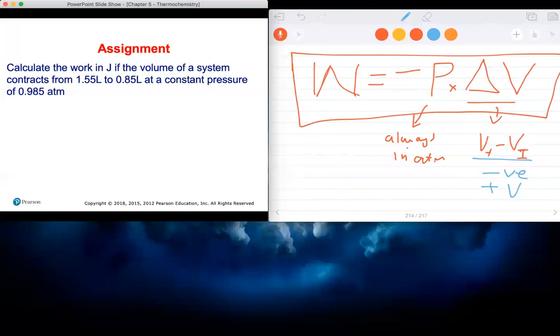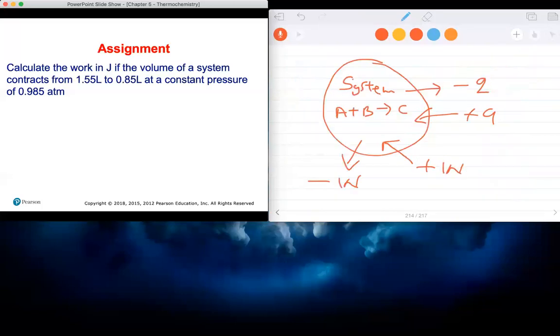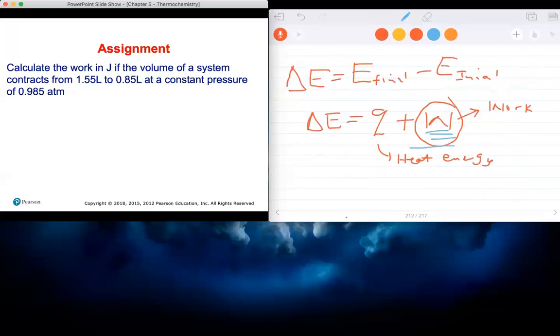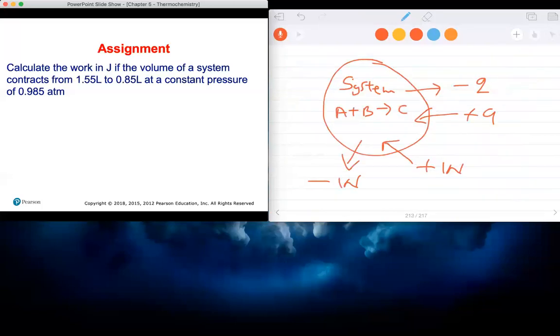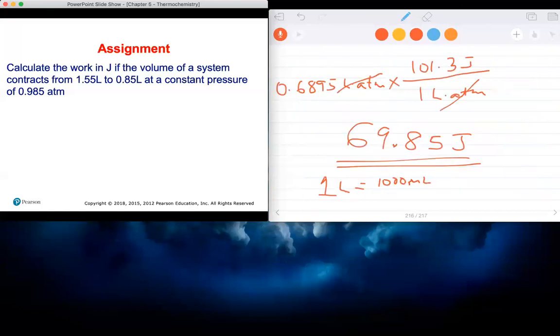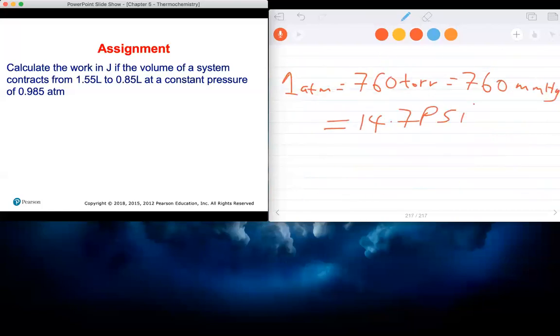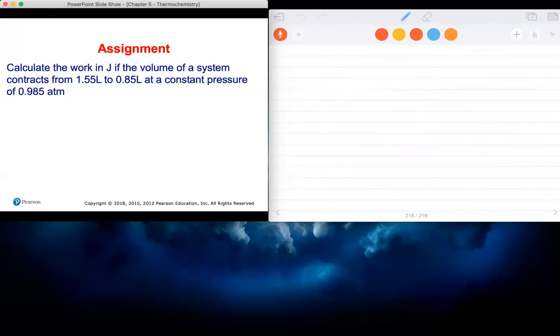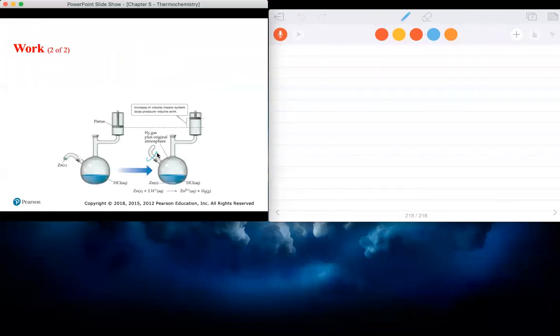Now, in this equation right here, we're going to talk about this momentarily. That is the heat. Q stands for the heat given by or absorbed by the system. Okay, the heat.